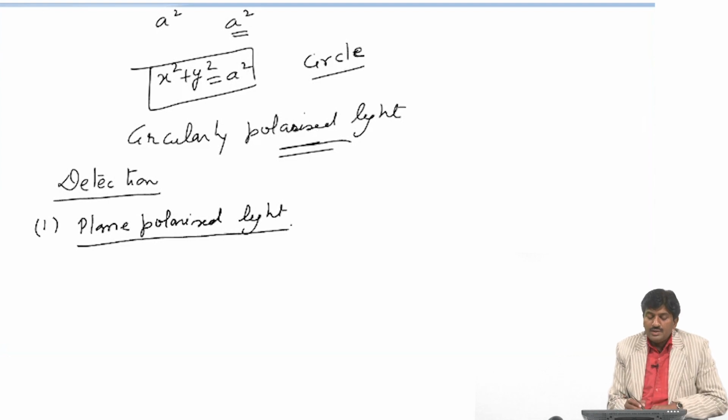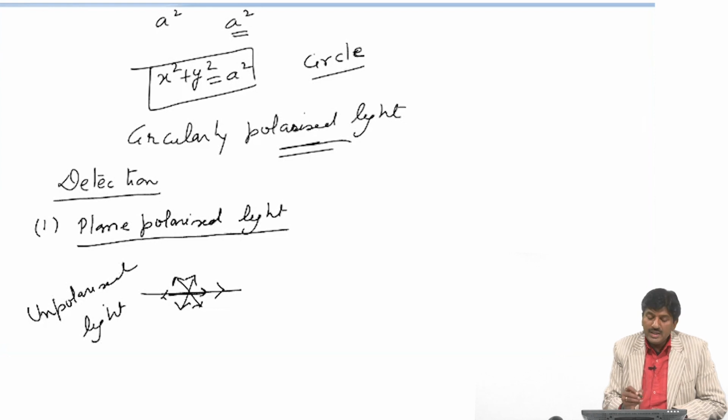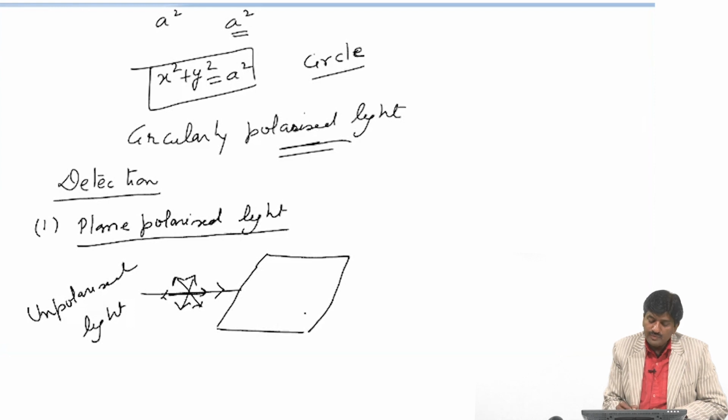We know that suppose there is an unpolarized light, and we pass this unpolarized light through a Nicol prism.